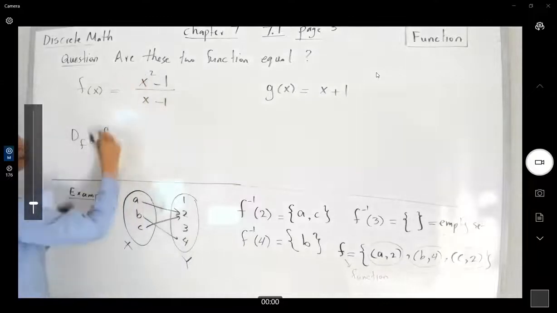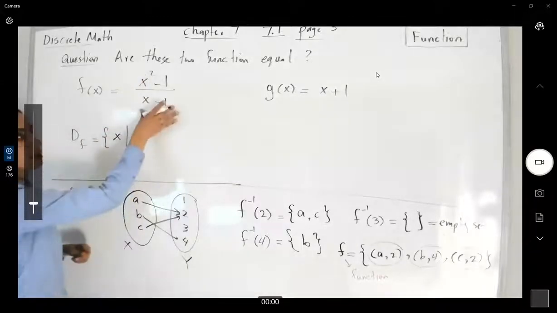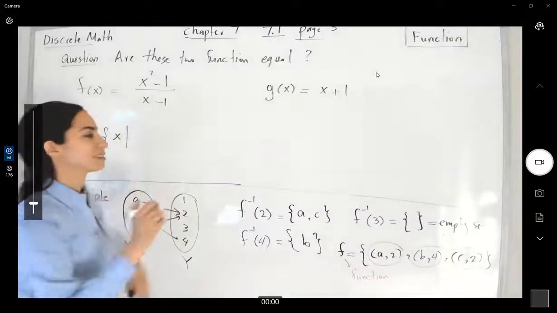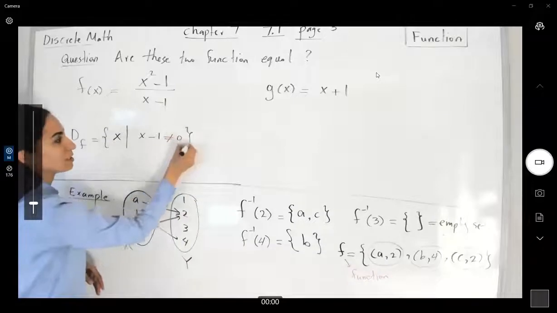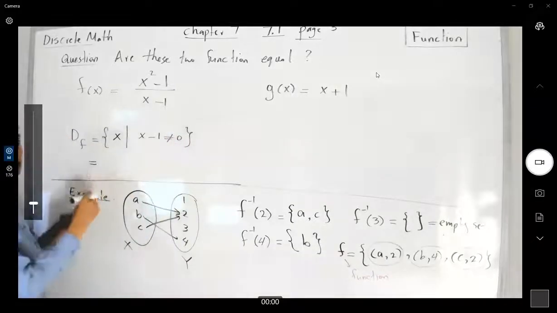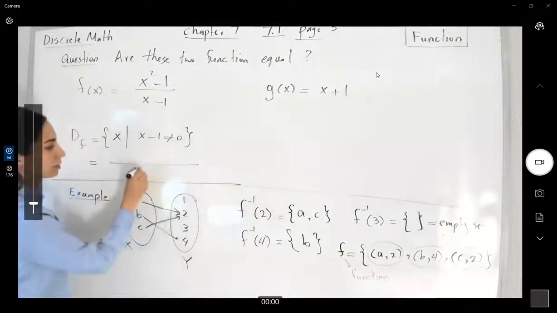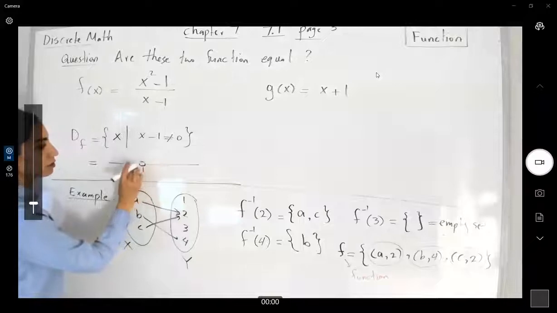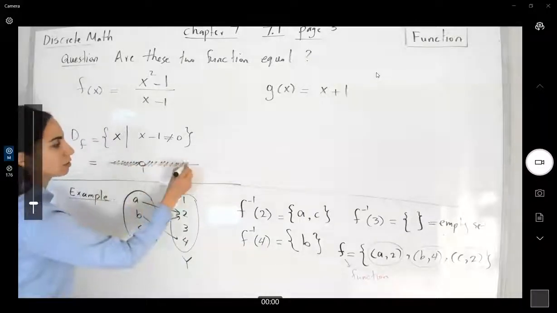The domain of this function is the set of all x values such that the denominator is never 0. X minus 1 cannot be 0. So what is the domain? The domain is all real values except for 1. So we have to exclude 1 from the real line, and this is the domain of your function.